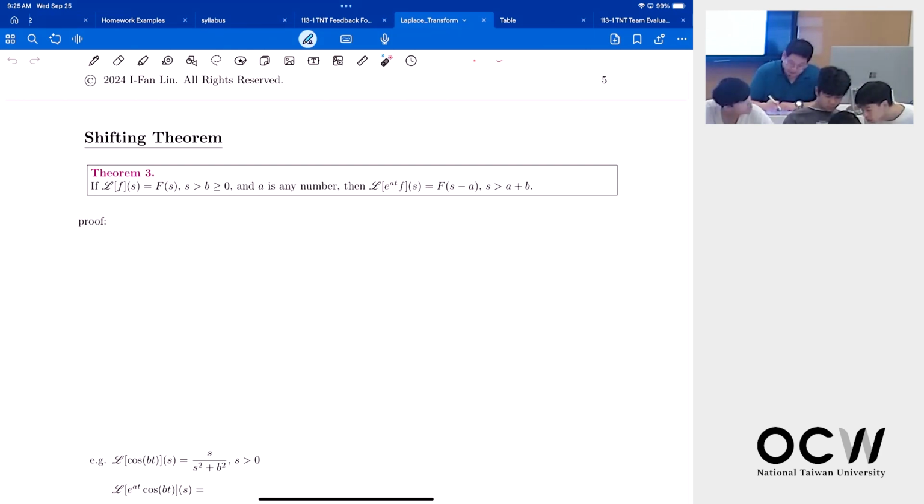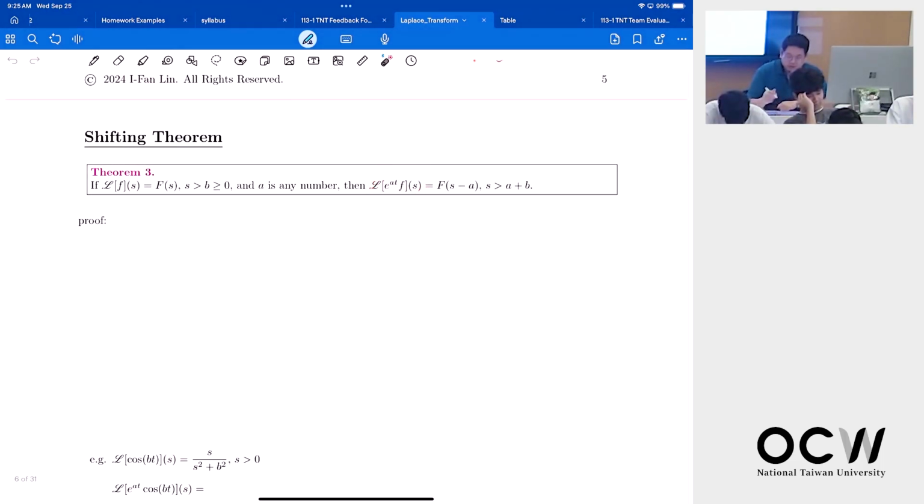If I have a function f times e to the at, when I take the Laplace transform, in the s domain it will shift. If you multiply by the exponential in one domain, it will shift by a in the other domain. Next semester we will talk about the Fourier transform, and this is called modulation.